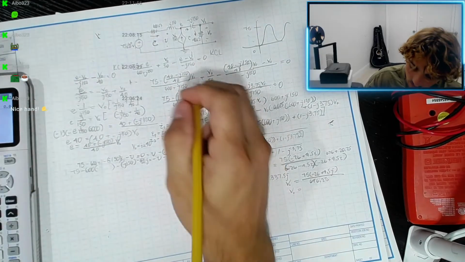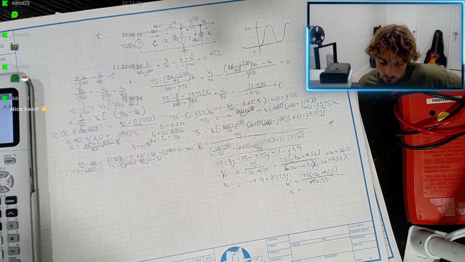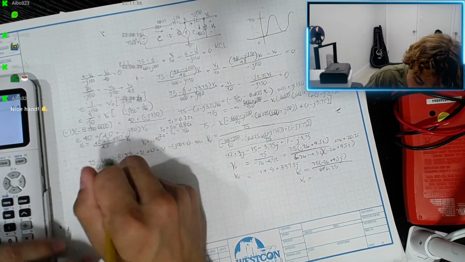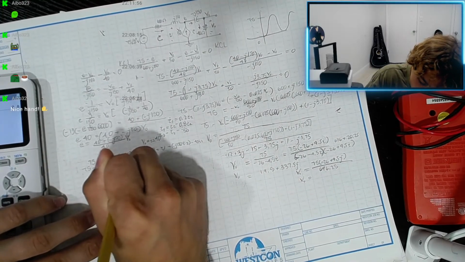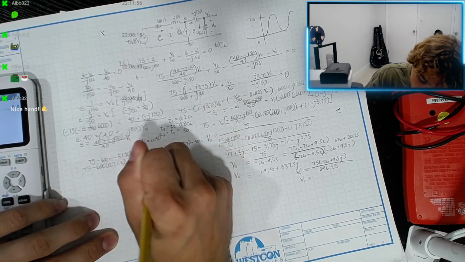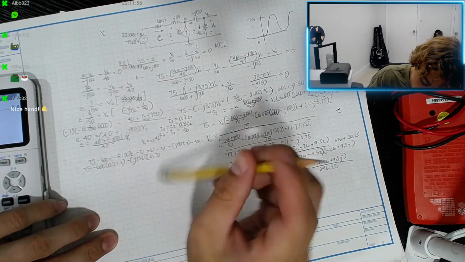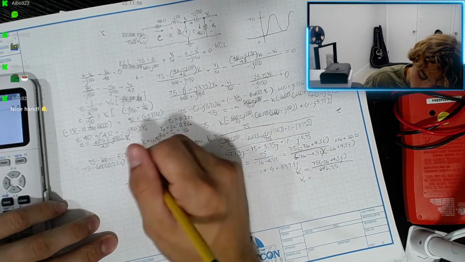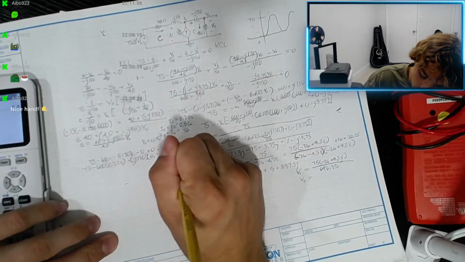So I1 equals 0.2 I2. That should be it. So really 600 multiplied by 0.2 I2 minus j150 times 0.2 I2 minus V equals, no, I don't want to do it like that.